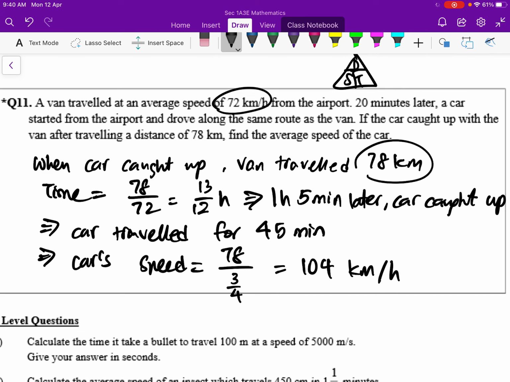So this presentation shows clearly what is happening. This presentation shows the marker how you did it, and what is going through your brain. But if your working just consists of fractions, subtracting fractions, conversions here and there, without explanation, and yet you get the same 104, you still will not get the full marks, because we need to understand what you're doing.